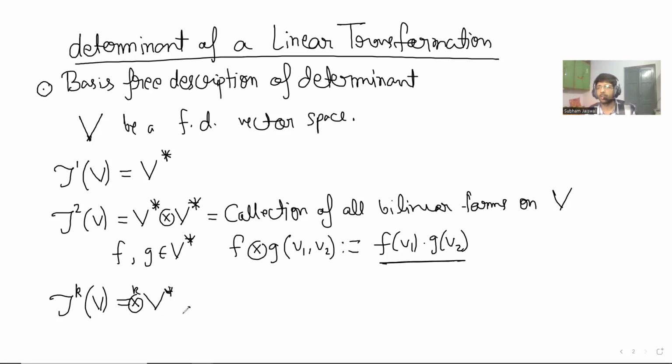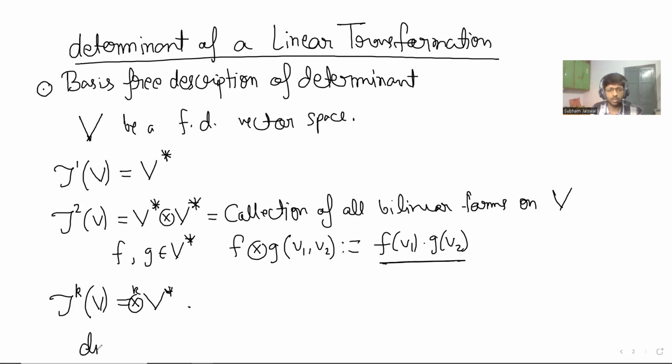How does the determinant come? The point is these are all just forms, and they are not necessarily alternating, right? So we need to look at alternating forms. That's the question.